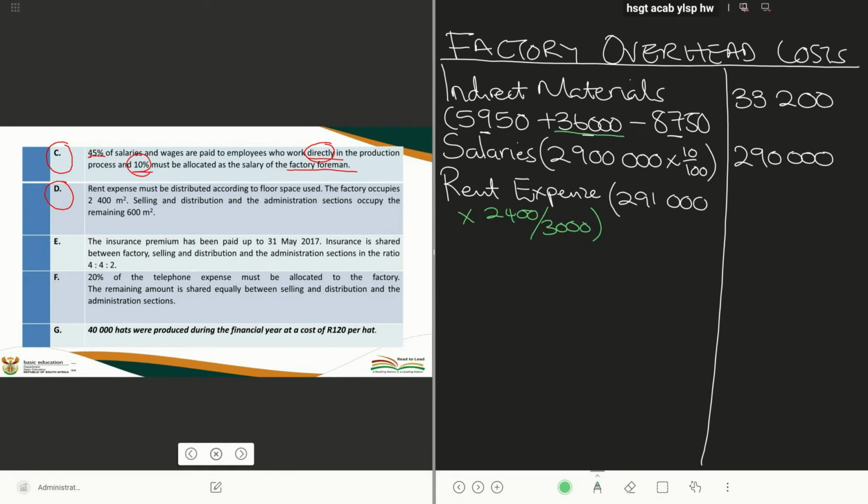So have your calculator now. You're going to say 291,000 multiplied by 2,400 divided by 3,000, and it will give you 232,800. This becomes the rent for the factory.